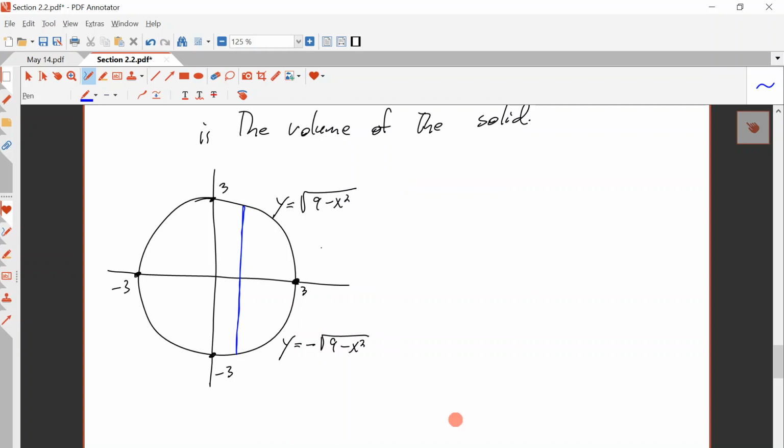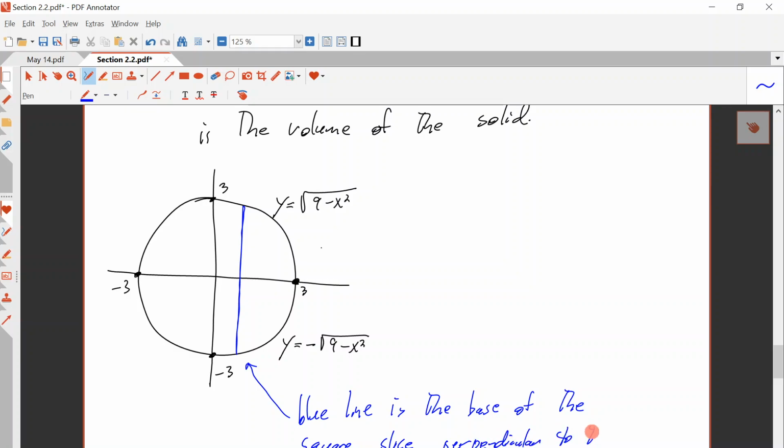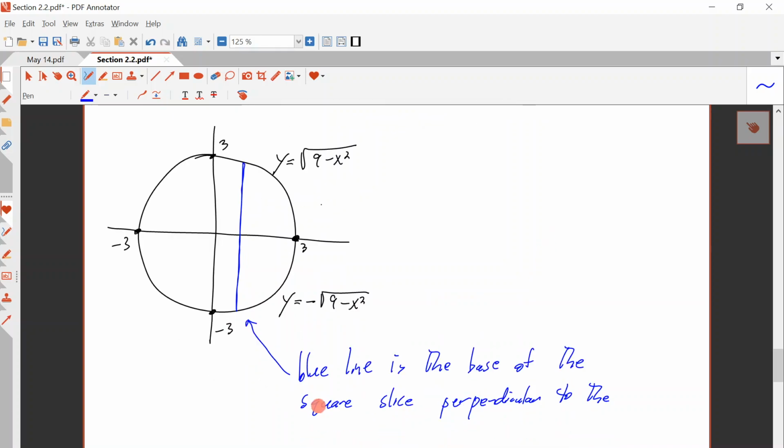This blue line is the base of the square slice perpendicular to the x-axis. What is the length of this blue line?